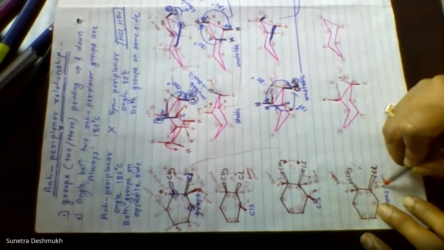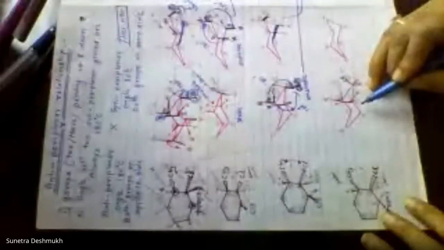Now I will draw the remaining hydrogens. At the six carbon atom, one hydrogen is present above the plane and another below the plane.